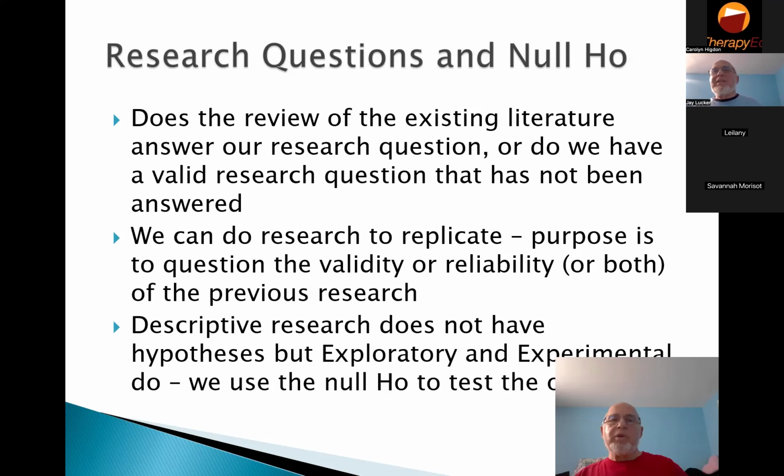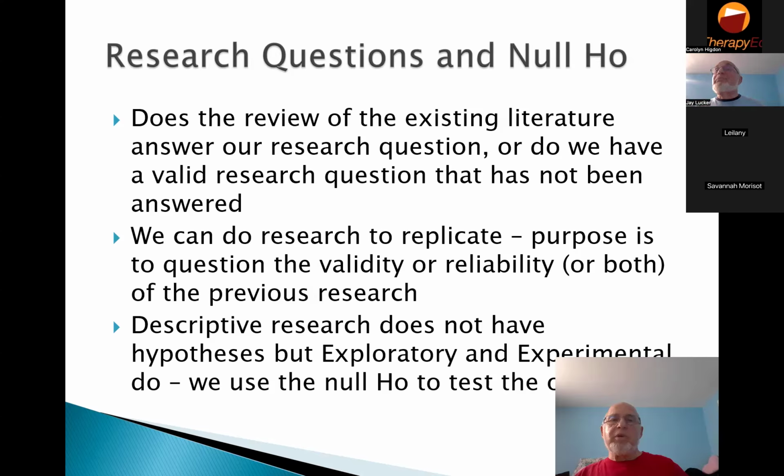As a matter of fact, very often the hypothesis is very open-ended. We'll go into the different types of research, descriptive, exploratory, experimental, in a moment. But as the statement says, descriptive research does not have a hypothesis. But if you're exploring a relationship, there's your null hypothesis: there is no relationship, but you're trying to prove there is.